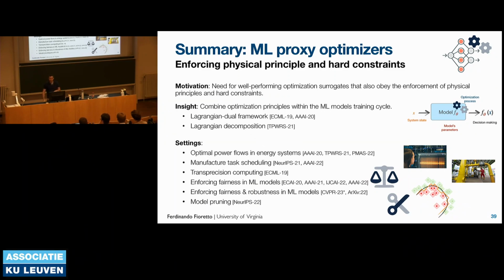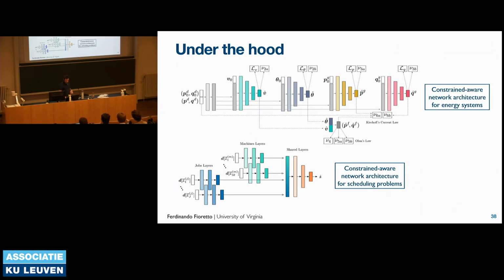Yes? Can you put the architecture from the last slide back up? Yes, that's easy. It was just here. Can you comment on whether these architectures are invariant to the number of decisions? What do you mean, just the size of the problem? Okay. The question is whether the architecture would result in invariant sizes of the output space.